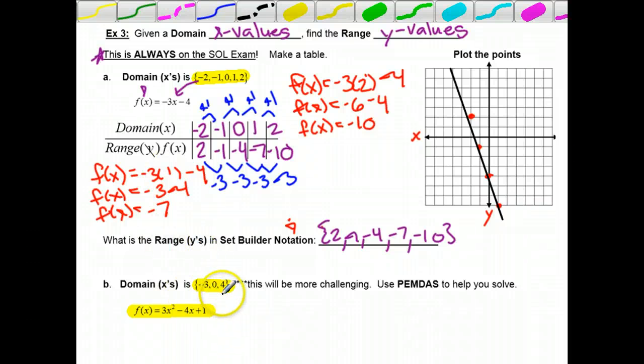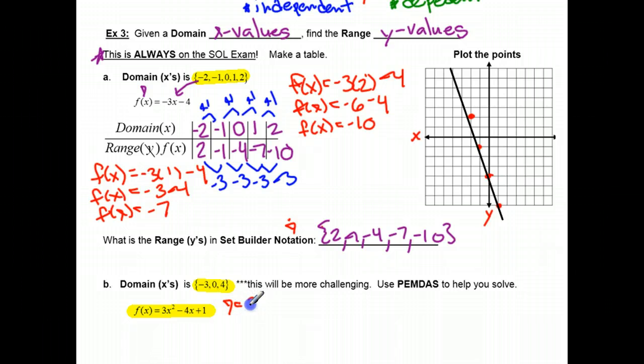Alright, so if I take this original equation, y equals 3 parentheses for my x, and I'm going to plug in 3x squared minus 4 parentheses for my x plus 1. And our first x to plug in is -3. So I'm going to plug it in for both of the x's. Now I'm going to do my PEMDAS.